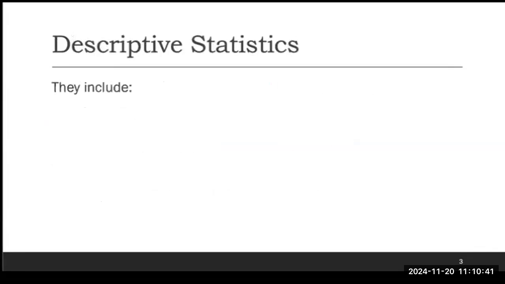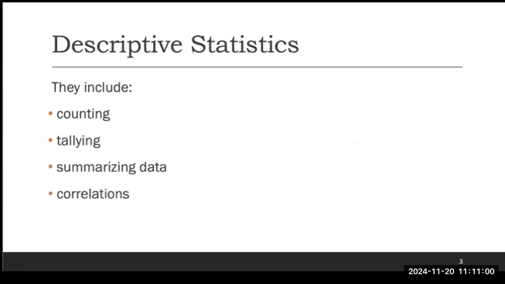So when we talk about descriptive statistics, it's exactly what it sounds like. It's used to summarize essentially a data set, right? So that includes things like counting, anything that when we're talking about frequency, tallying, summarizing, that's all descriptive statistics.